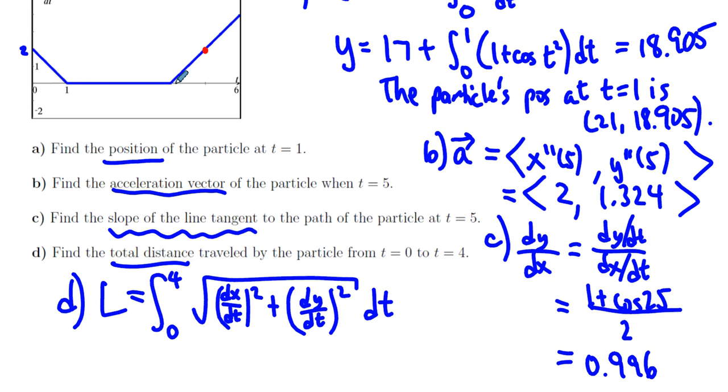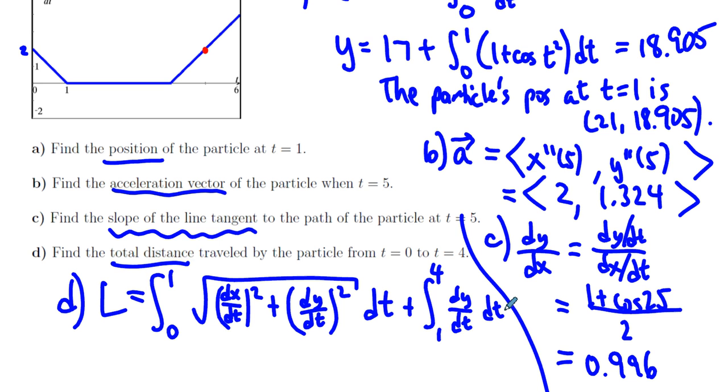But what's good for us is that for one of those big long pieces, dx dt is just 0. So let's break this up. Let's look at things from 0 to 1, and then let's look at things from 1 to 4. From 1 to 4, the dx dt is 0, so we're just integrating dy dt. And a calculator can do that. From 0 to 1, we're integrating this thing.